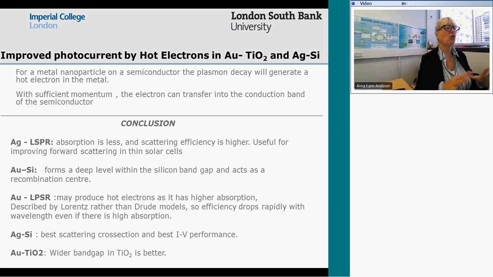So the whole conclusion, now summing up, coming from thinning of solar cells and using visible light photocatalysis, is that we're looking at different metals. We have a very clear understanding of models and theory to describe plausible mechanisms for electron transfer, or forward and backward scattering, which is very important in solar cells.